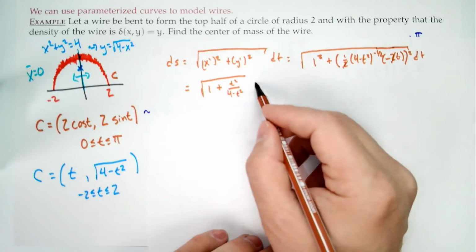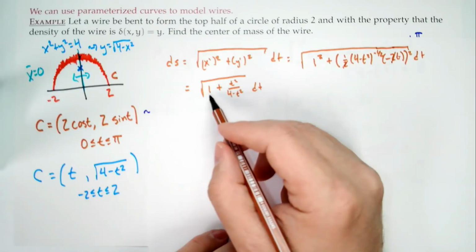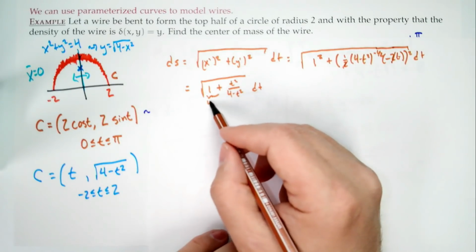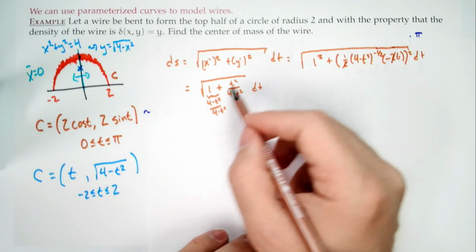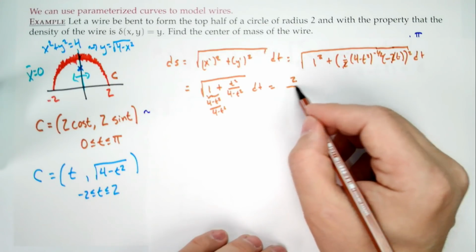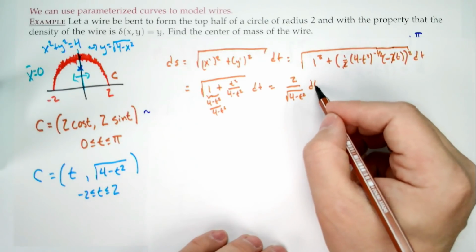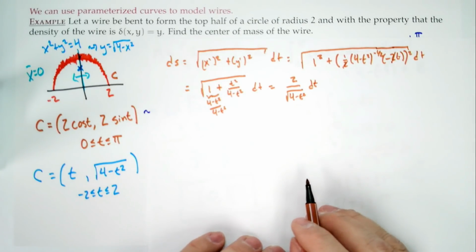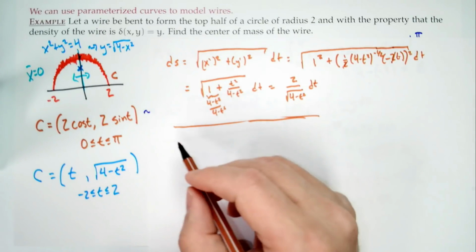Now if you add those terms together, you'll see something nice happens, because this 1 is really 4 minus t squared over 4 minus t squared. You add the numerators, the 4's cancel, so you end up with ds is 2 over square root 4 minus t squared dt. Okay, so there's our ds. We'll use that for our computations.